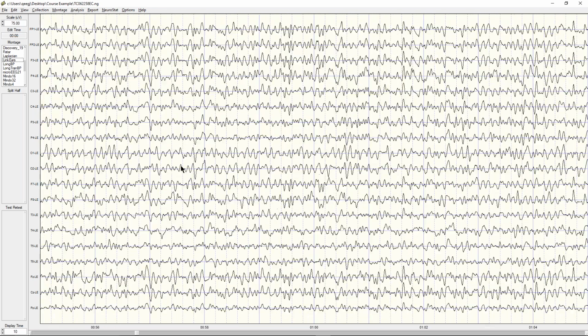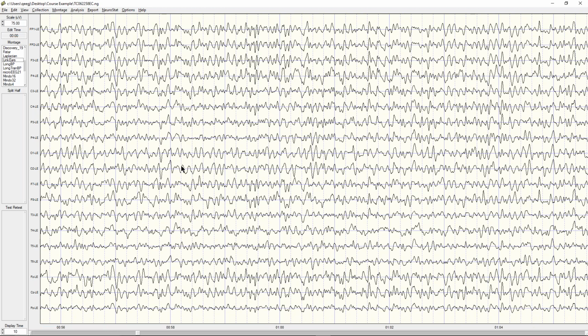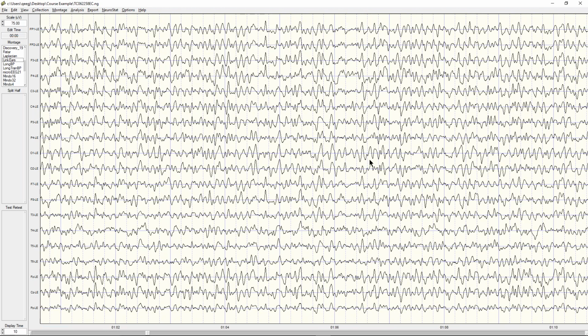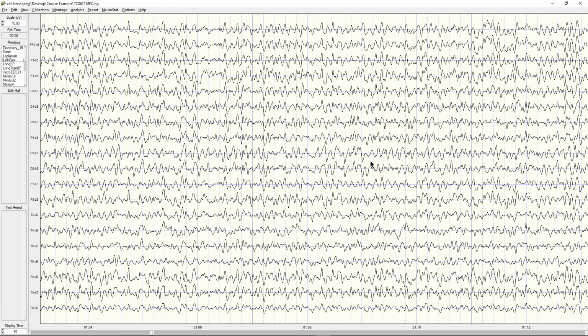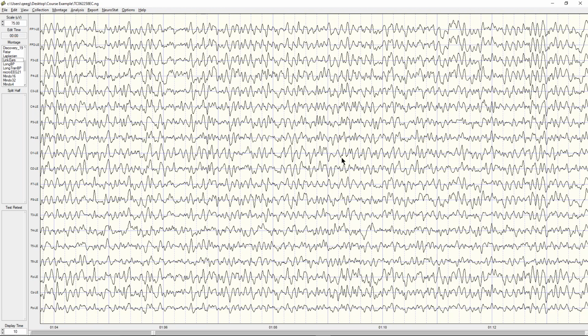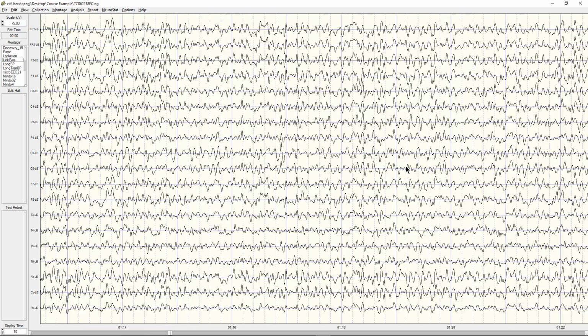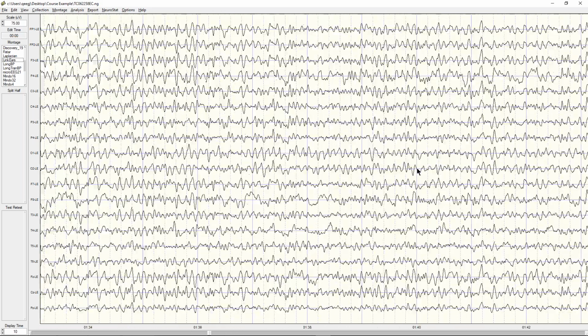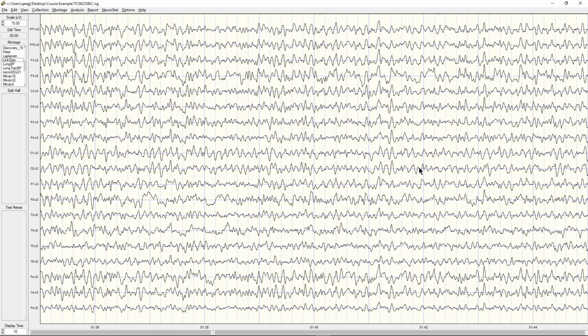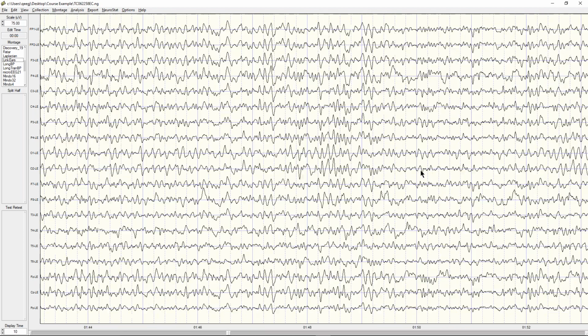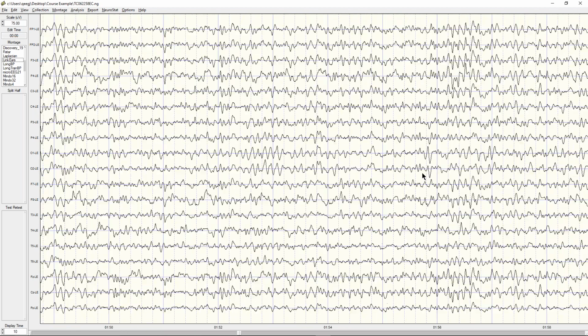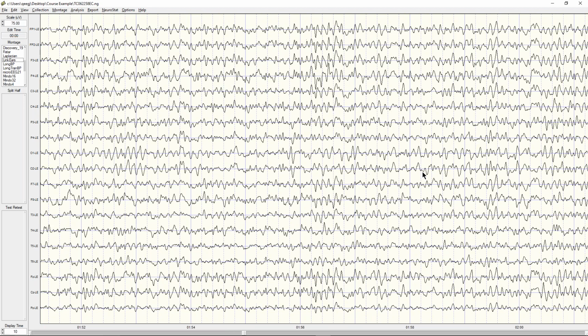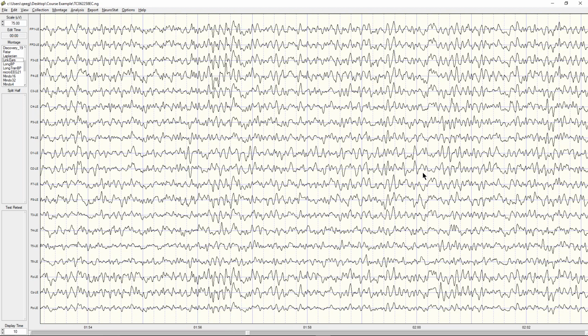Roll along a little farther, and I can count another sequence and see that I'm continuing to get about 8 to 9 hertz in the occipital location. Yeah, 8.5 to 9 hertz is pretty much what we've got. We don't have any real severe deviations from expected values that we can see, at least so far.